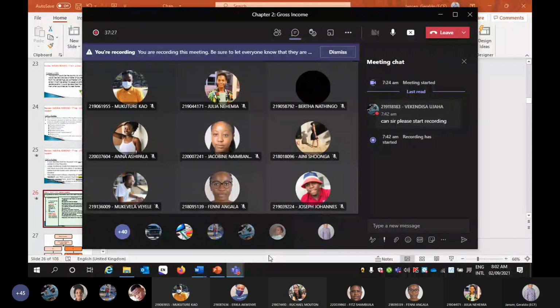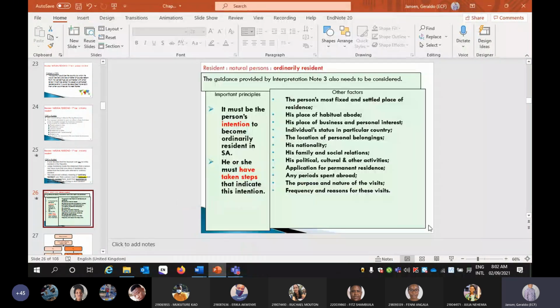However, I need to mention that just looking at whether you've applied for permanent residence, that alone is not enough for me to say that your intention is to become an ordinary resident or not. That is not enough. Now let's look at some other factors.